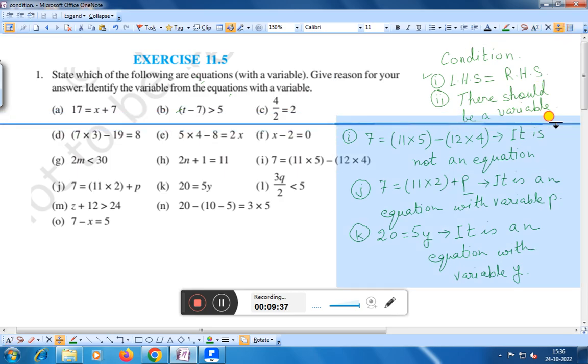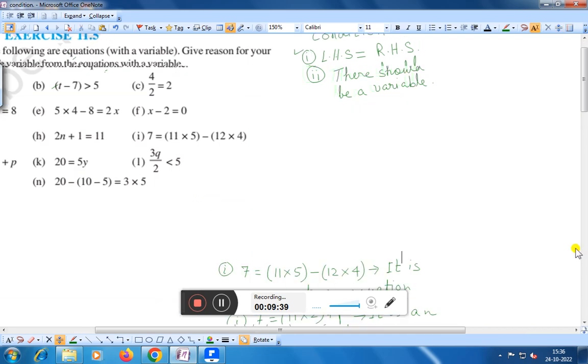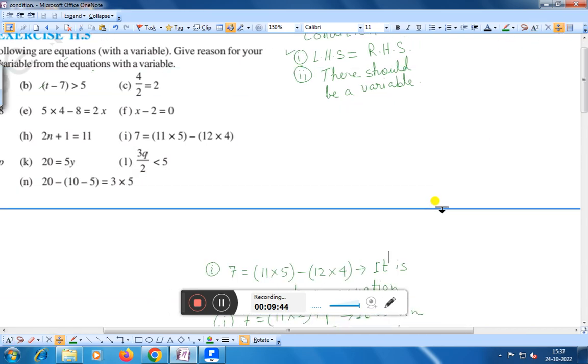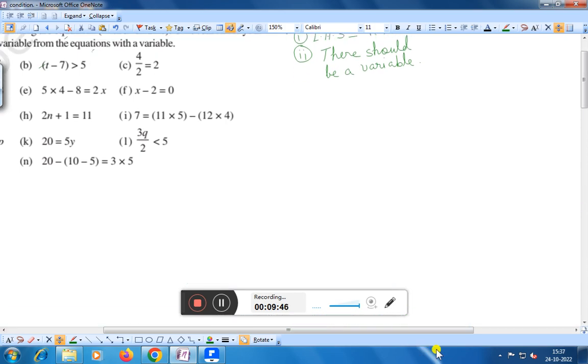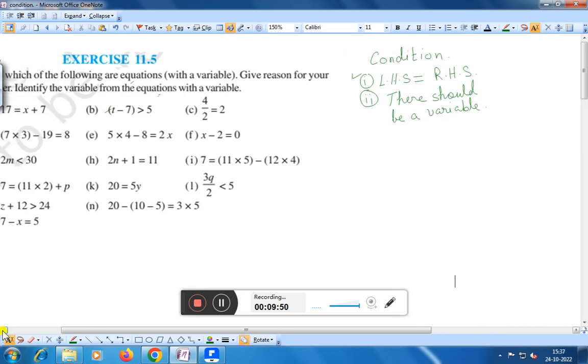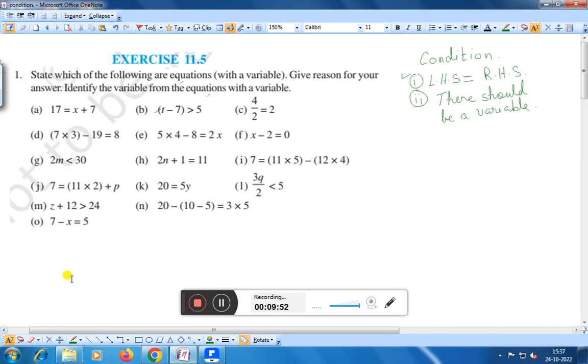Now we shall deal with question number L. Question number L is 3q by 2 is less than 5.